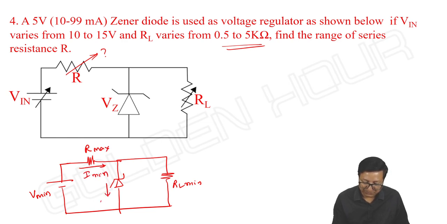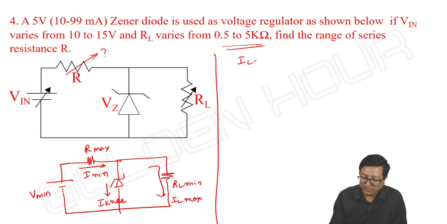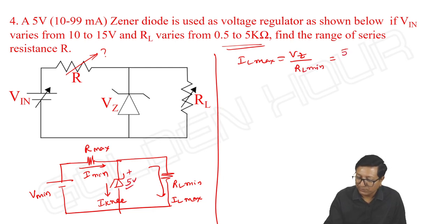I minimum is the knee current. IL maximum is equal to VZ by RL minimum. VZ is 5 volts, and RL is varying from 0.5K, so it is 10 milliampere.